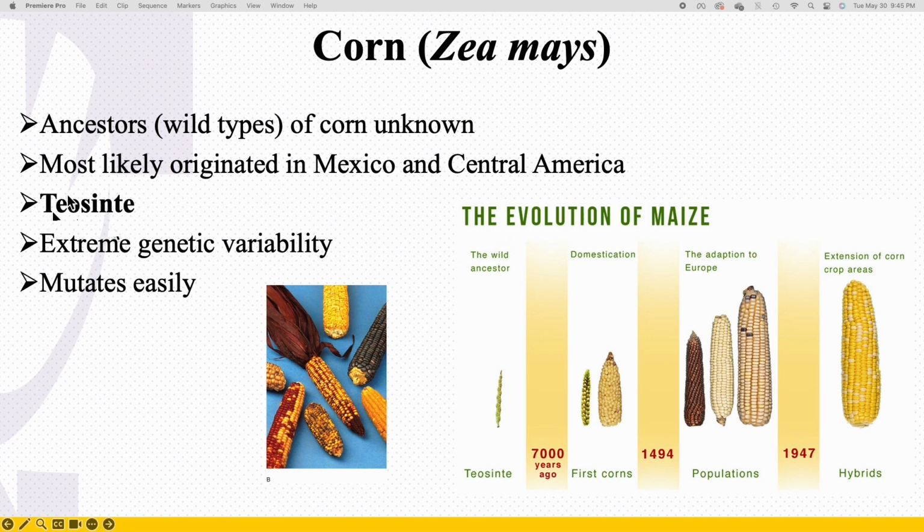Next, we have corn. One of the things about corn is that it likely originated from this teosinte, right? This teosinte is very small and spindly. You can look at it and see that there aren't very many edible parts to this plant or this seed head.